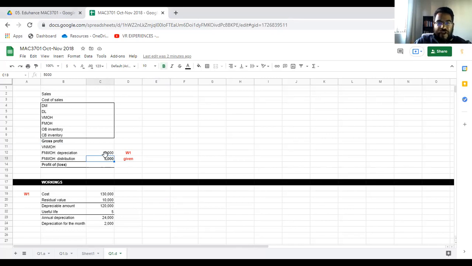Distribution is a non-manufacturing cost. It does not form part of manufacturing, and therefore it's also below the gross profit line item. Now we're going to deal with variable non-manufacturing cost, which is also distribution.